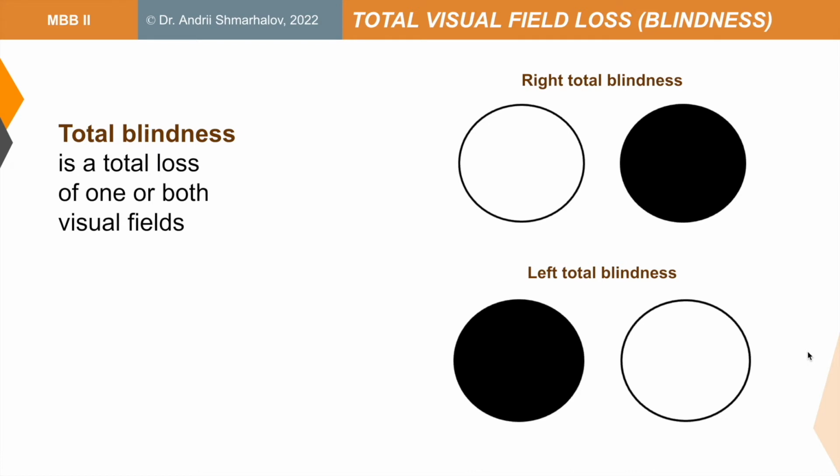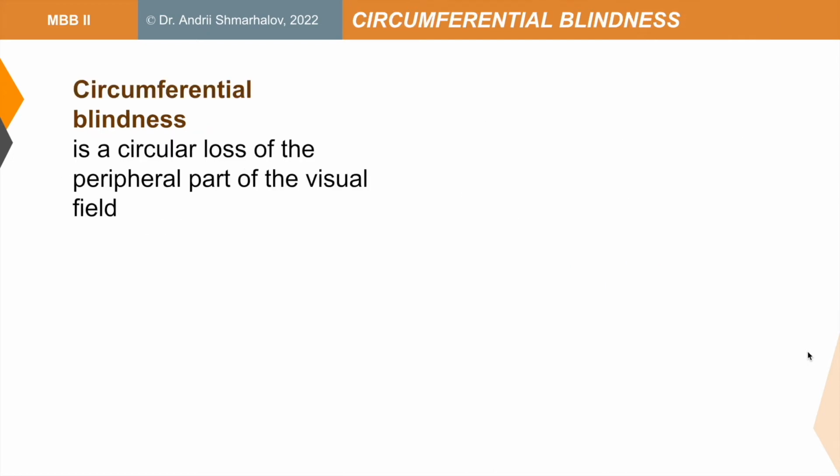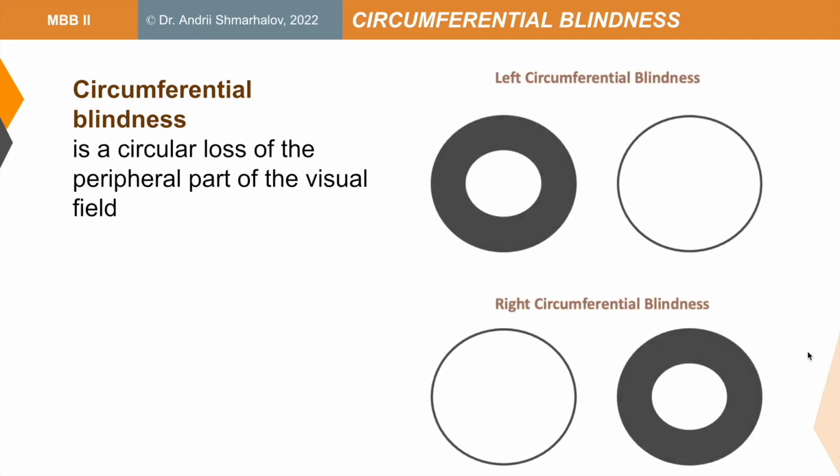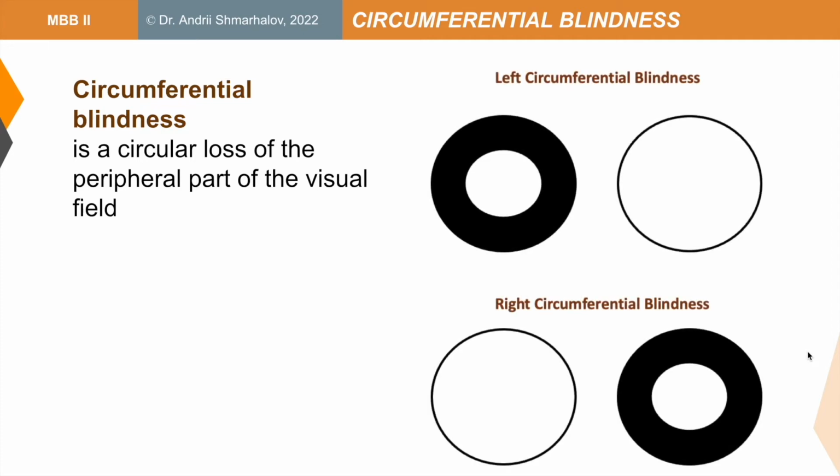In some cases, you may get bilateral total blindness, represented as both circles being completely black. Circumferential blindness is a circular loss of the peripheral part of the visual field, which graphically is represented with a very thick border of the circle representing the visual field.